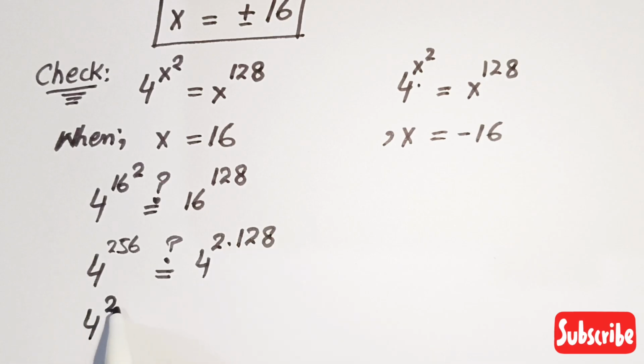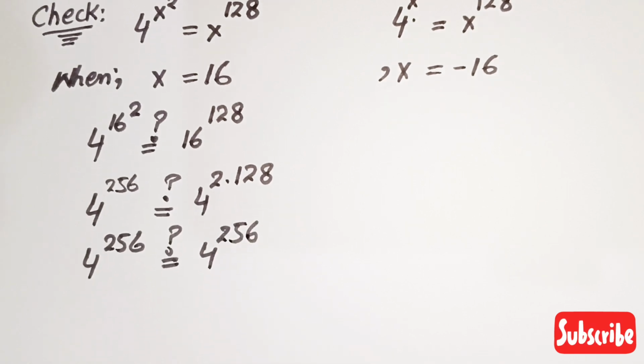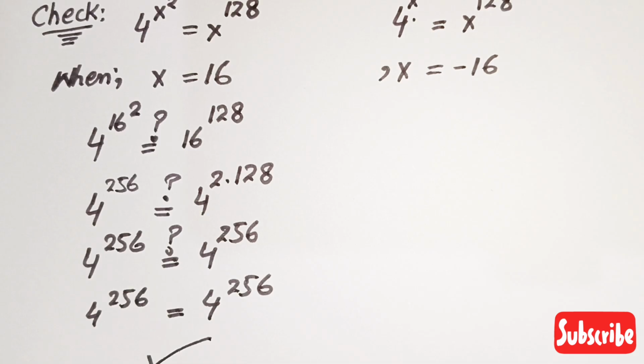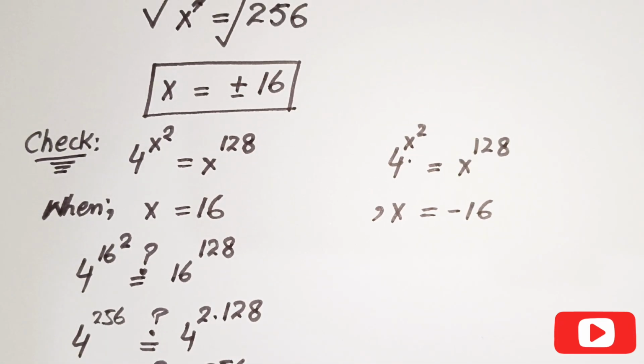So 4 to the power 256, because when we multiply 2 times 128 we get 256. So on both sides we see that our left hand side is 4 to the power 256, equal to 4 to the power 256. So left hand side is equal to right hand side. We just proved that this value of x is true for this problem.